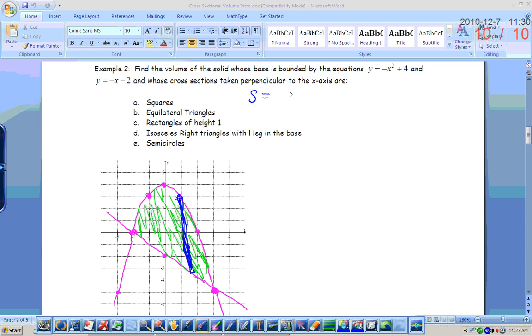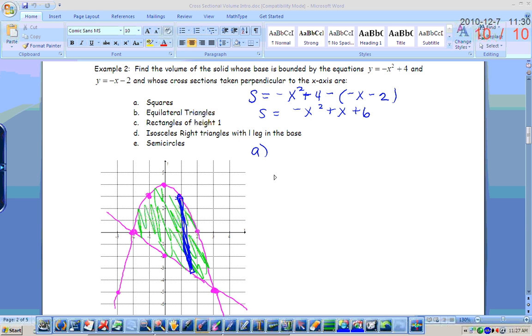So s is going to equal negative x squared plus 4 minus negative x minus 2, which, since you're going to write this a bunch of times, if you want to distribute that negative and combine like terms, you could. You get negative x squared plus x plus 6.